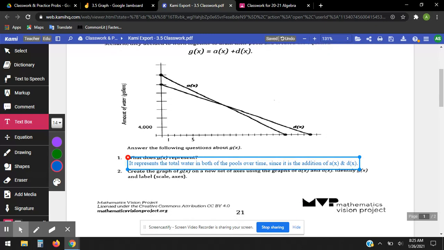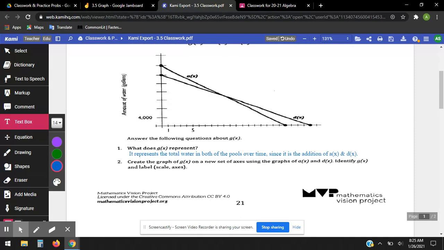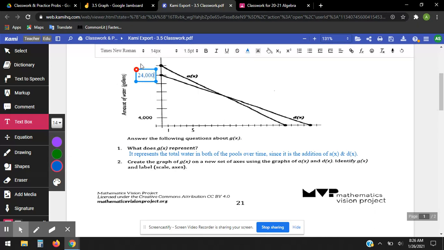So we need to create a graph of G of x on a new set of axes using the graphs of A of x and D of x. So we need to identify G of x, so the equation, and label the scale and axes. From last time, we know we're counting by 4,000s. So we knew that this mark was at 24,000, and then this one was 28,000.